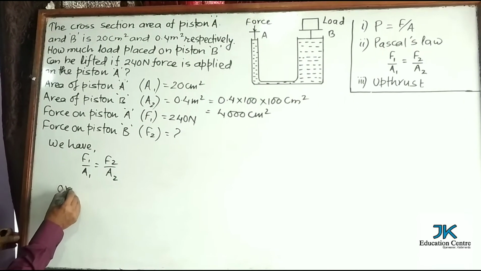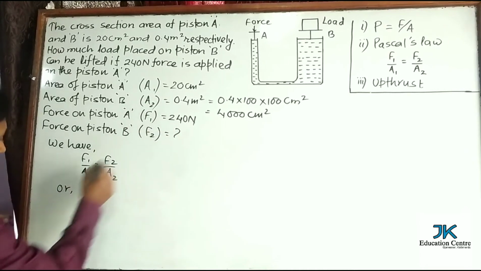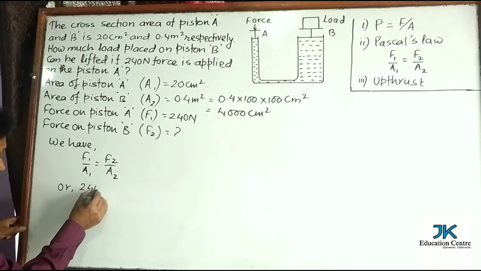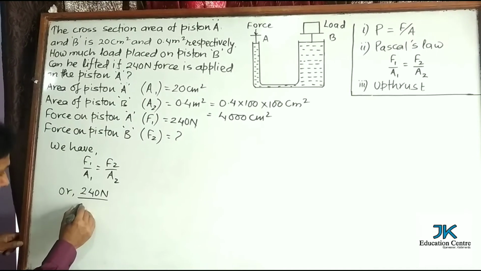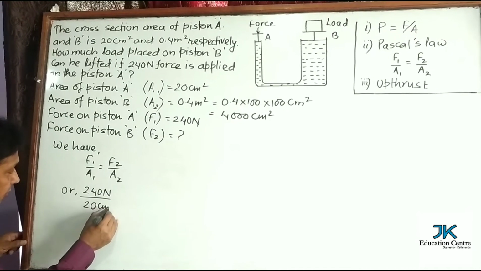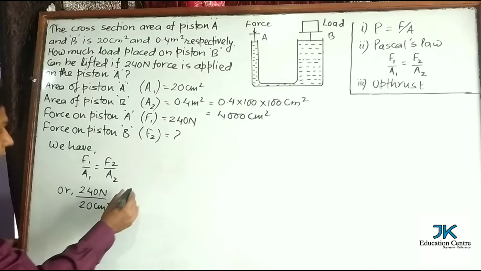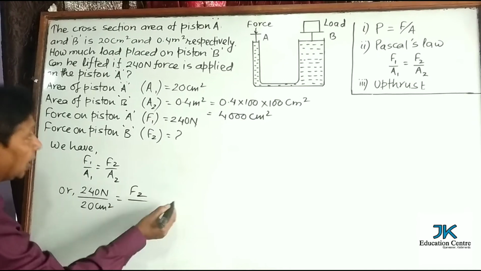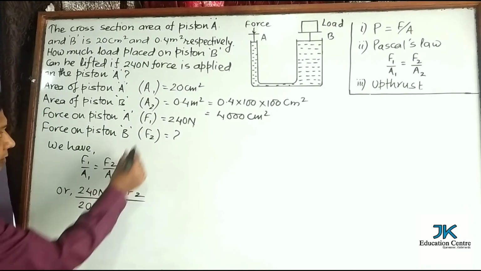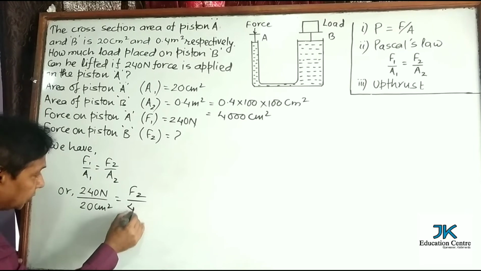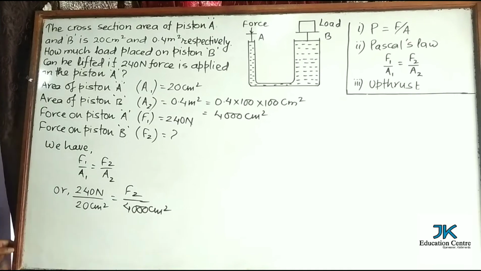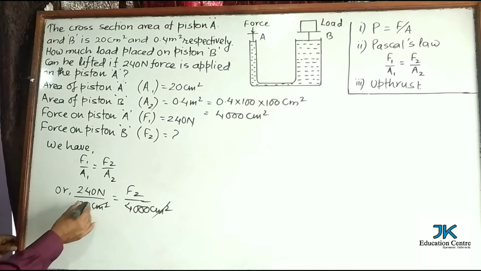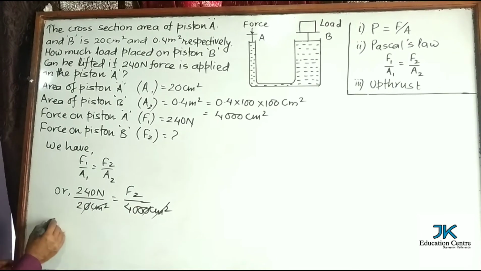Okay. The value of F1 is given here: 240 Newton, and A1 is 20 centimeters square. F2 we are going to calculate, and A2 is given here: 4000 centimeters square. Now look at this, centimeter square cancels, zeros cancel.